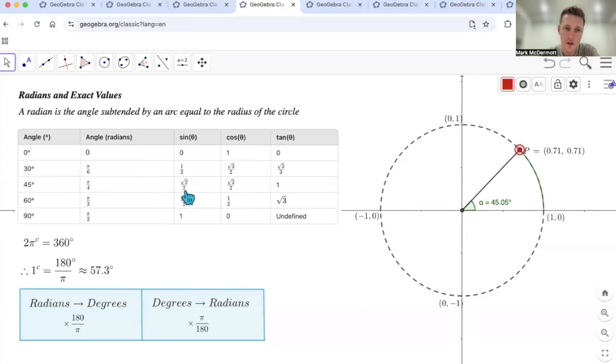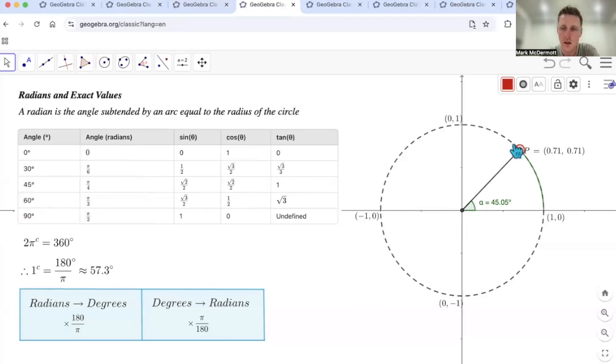The sine value there is root 2 on 2. The cosine value is also root 2 on 2. So you notice at 45 degrees the sine and the cosine values are the same. The tan value, again, is sine divided by cos. Anything divided by itself is 1. So the tan value is 1.